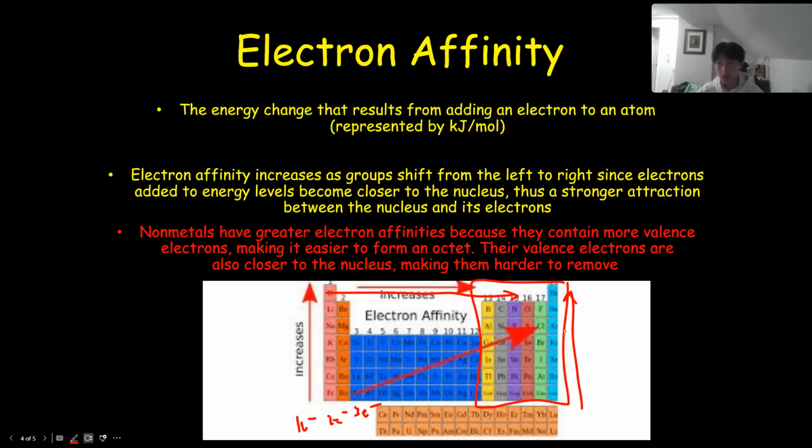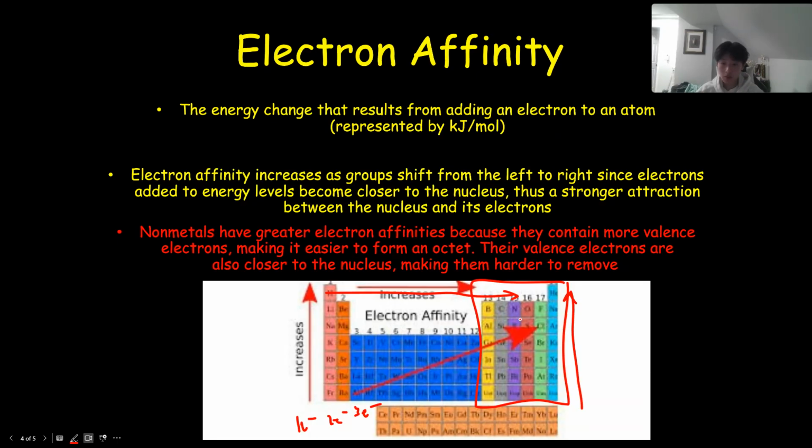So now, it's easier for non-metal atoms to obtain and attract an electron because they're trying to create an octet for themselves. An octet is basically when an atom has 8 electrons within its valence shell.